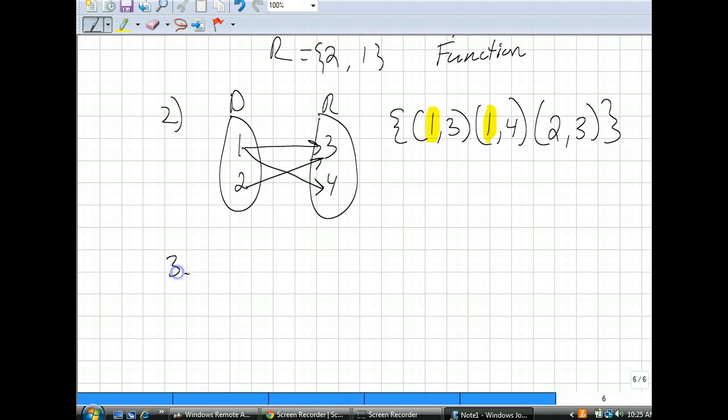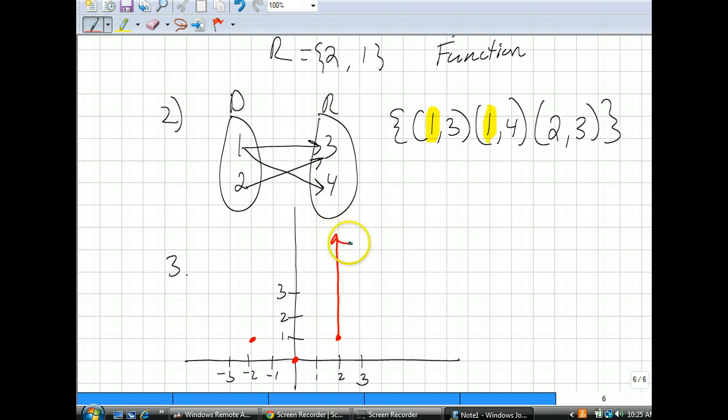Okay, number 3. Let's say I have this graph. This is -1, -2, -3. This is 1, 2, and 3. This is 1, 2, 3. Right? And my graph is this graph. Okay.